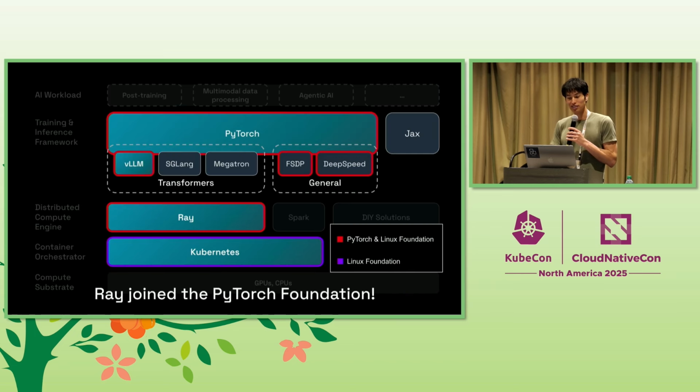Now, the next thing that we recently announced is that Ray joined the PyTorch and Linux Foundation. So we're very excited about this because, well, when we started Ray, we started it as an open source project. We've had a large community of contributors pretty much from the beginning. And a lot of companies have worked together to really design the roadmap. And of course, we were grad students developing Ray in grad school, but we weren't actually running it in production at a company, right?